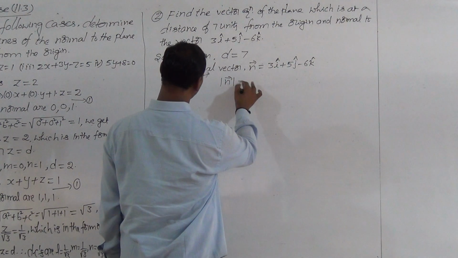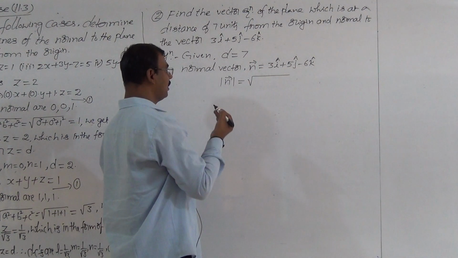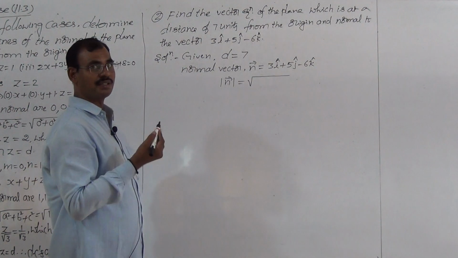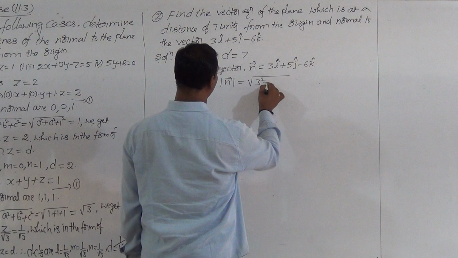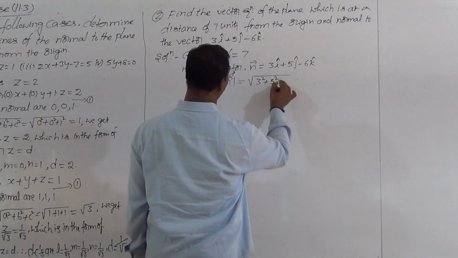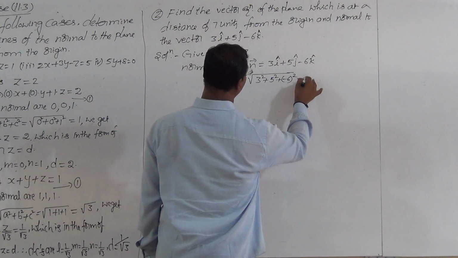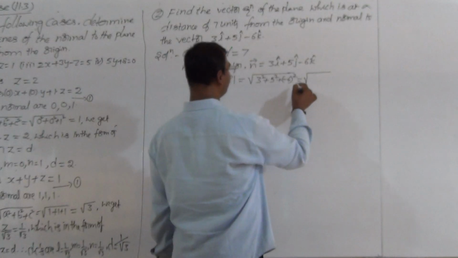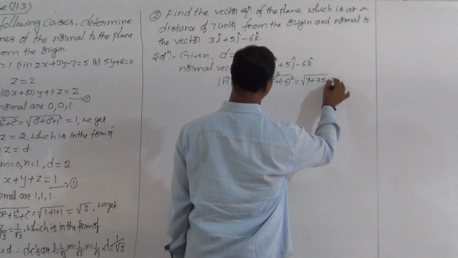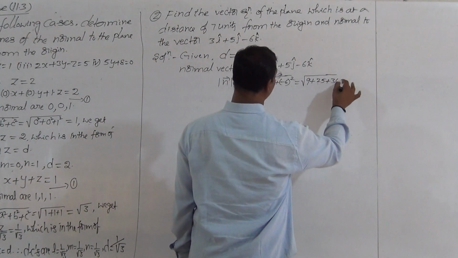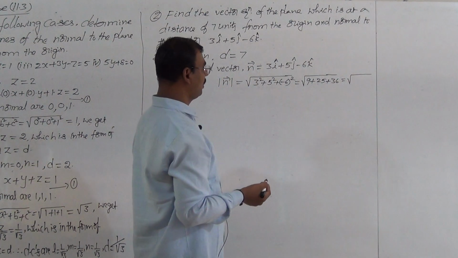The magnitude is found as square root of a square plus b square plus c square. That is, 3 square plus 5 square plus minus 6 whole square, which is equal to square root of 9 plus 25 plus 36, that is 36 plus 25 plus 9.